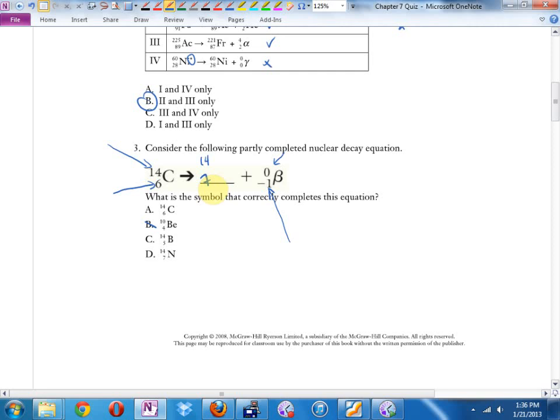What is element number 7? Nitrogen. So this nuclear decay equation, carbon-14 decays into a beta particle and nitrogen. D. This is what they can use to do carbon-14 dating, by the way.